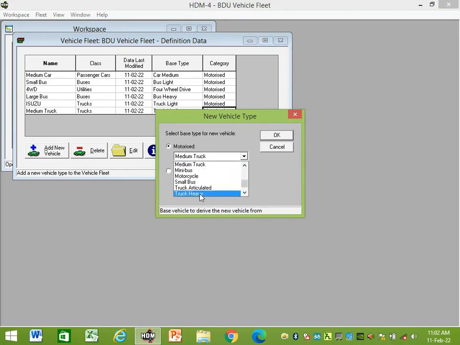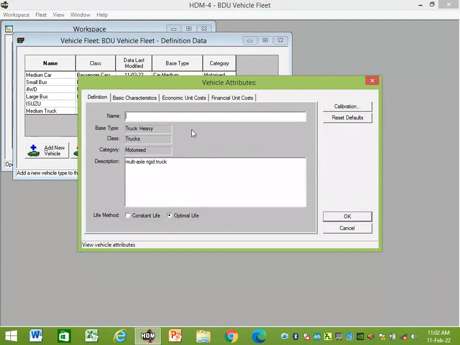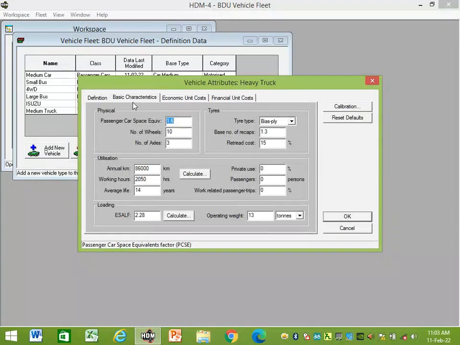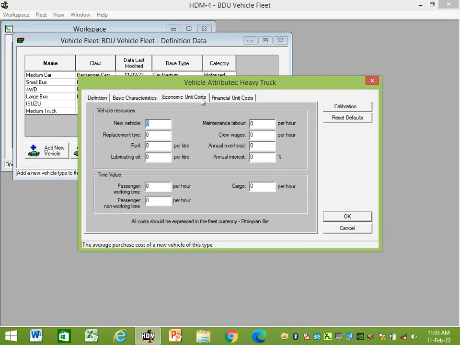You go to heavy truck, constant life. Basic characteristics, you can take it as it is, it's okay.